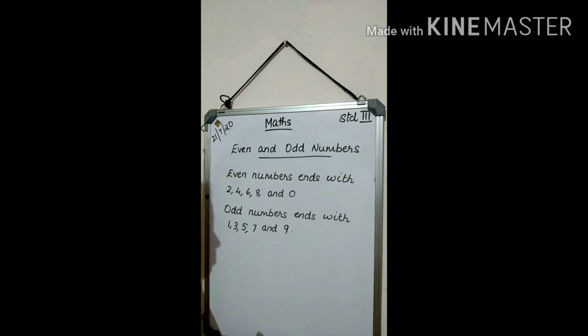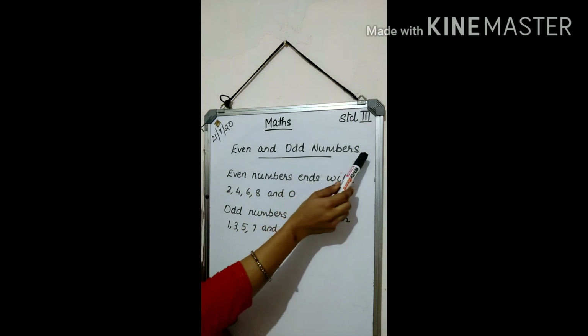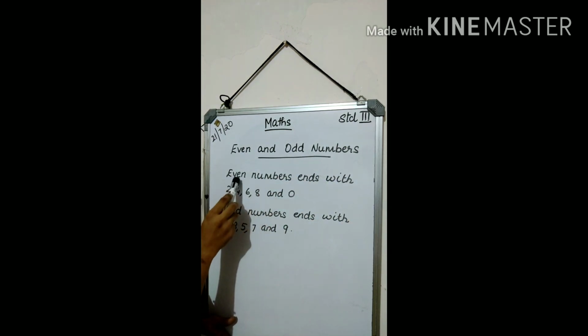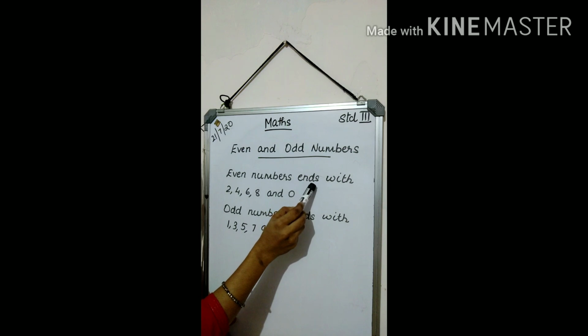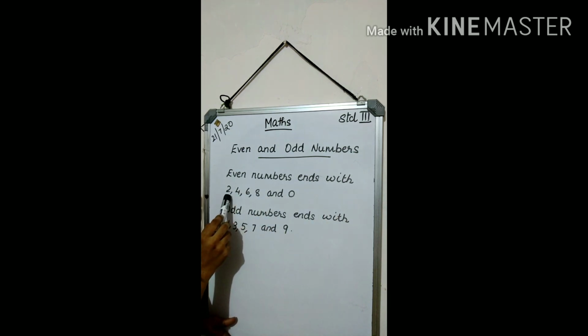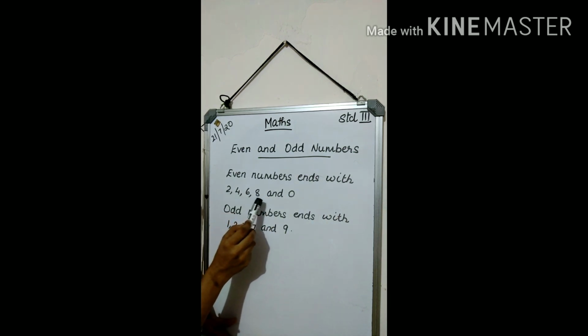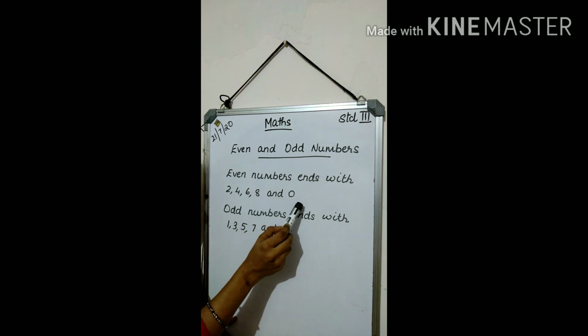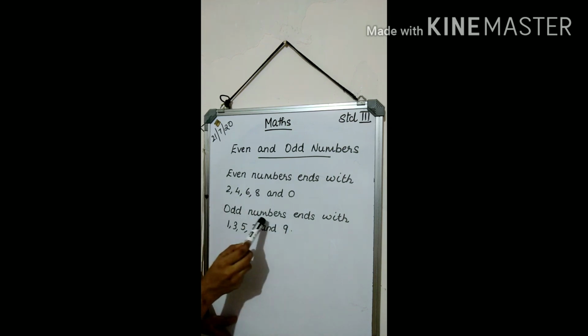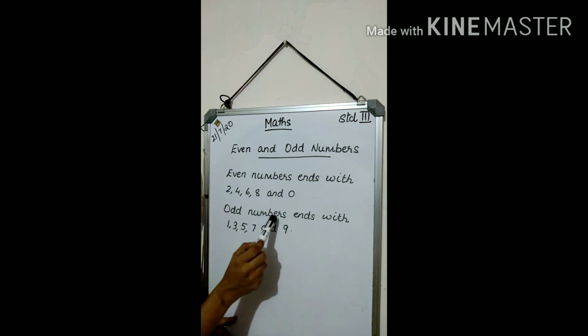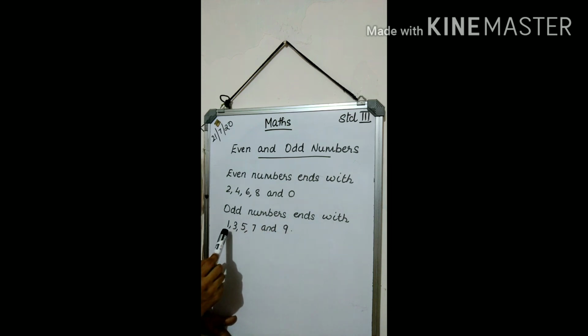Can we write it in our notebook? So all of you take your notebook, write down. Look here, even and odd numbers. Even numbers end with 2, 4, 6, 8 and 0. Then next, odd numbers. Odd numbers end with 1, 3, 5, 7 and 9.